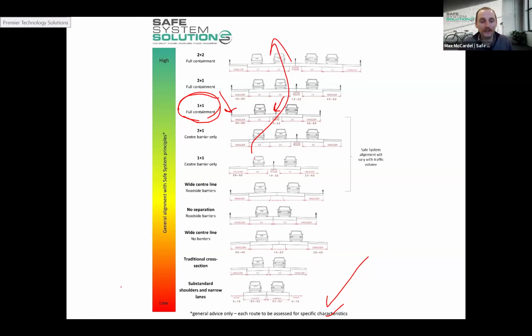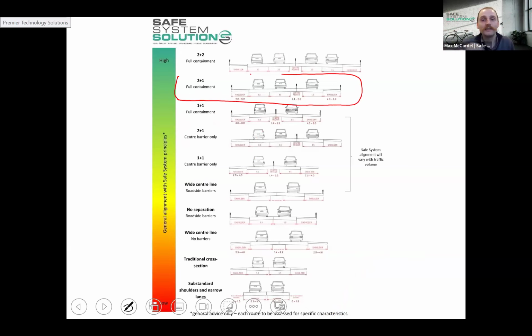Generally, what is implemented in those scenarios is the 2+1 arrangement, which is you've got overtaking opportunities on this side of the carriageway, might run for a couple of kilometers and then goes back to single lane, and then that overtaking opportunity starts on the other side and it just continues to go back and forth. So 2+1, that's a more common type of arrangement.